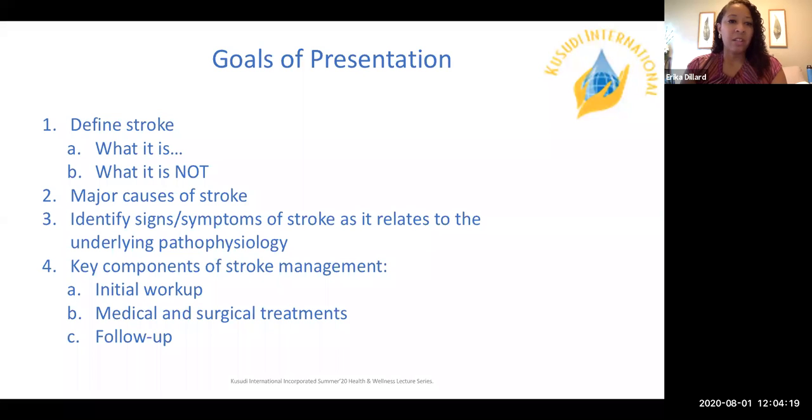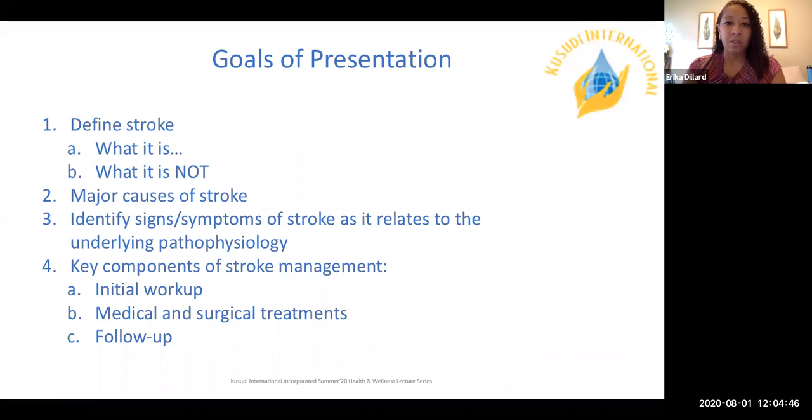Also want to make sure that everyone is able to appreciate what the major causes of stroke are, as well as the risk factors. As the title mentioned, we want to be able to identify when we or someone else that we know are experiencing signs and symptoms of stroke, as it relates to what the underlying pathophysiology of the disease is.